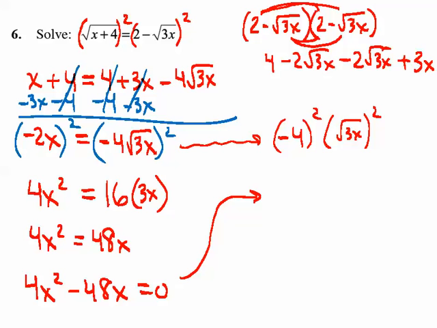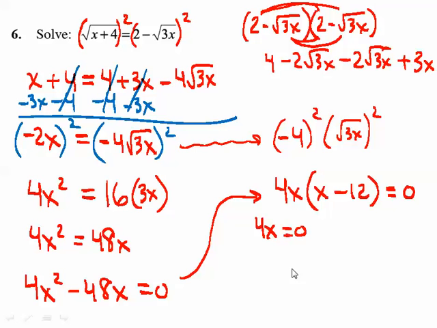So what can we factor out of this? 4x factors, leftovers will be x minus 12. And right, so that I get 0, product property says I can set this guy equal to 0 and this guy equal to 0. Possible answers are 0 and 12. Let's check each of those.